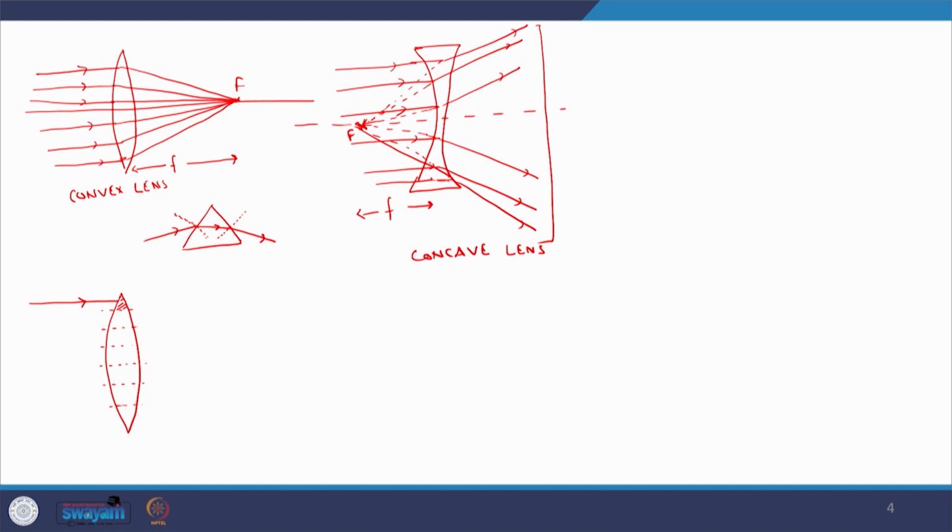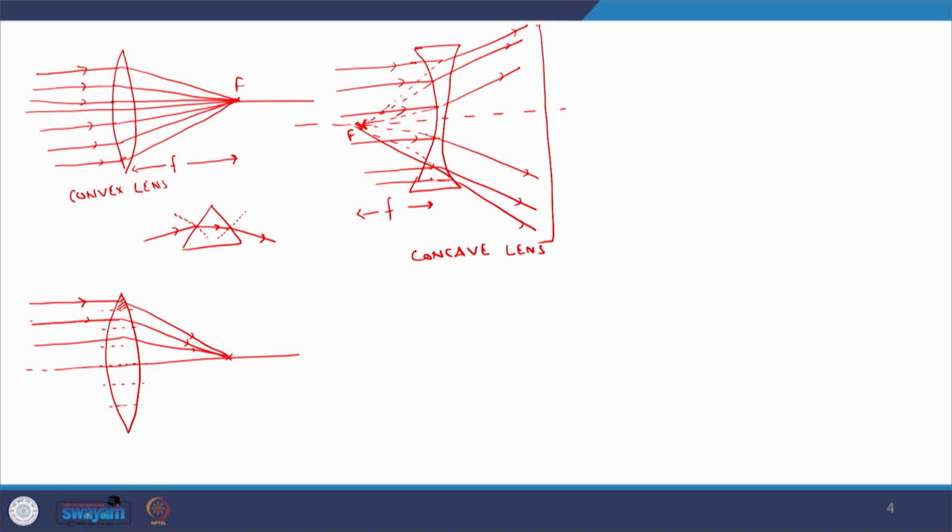Similar things happen in the lens. In this first prism the ray falls and gets bent. Similarly, the second ray falls on the second prism and also gets bent. This is how all the rays get focused on the same point, and this is why the convex lens is also called a converging lens.